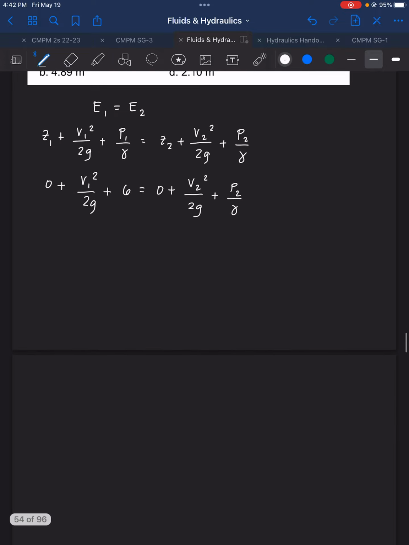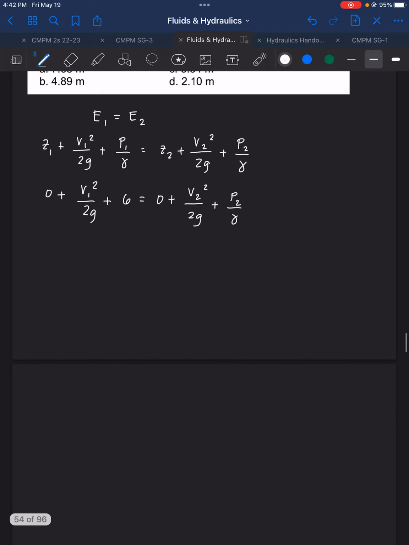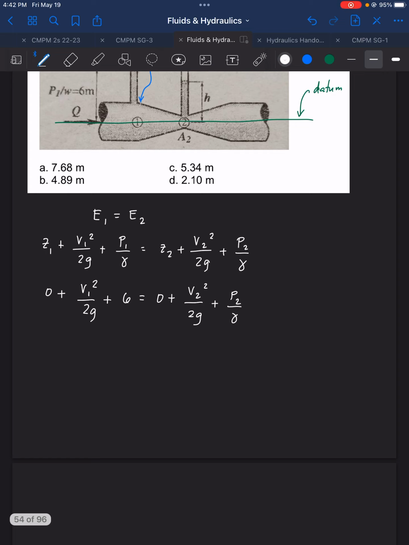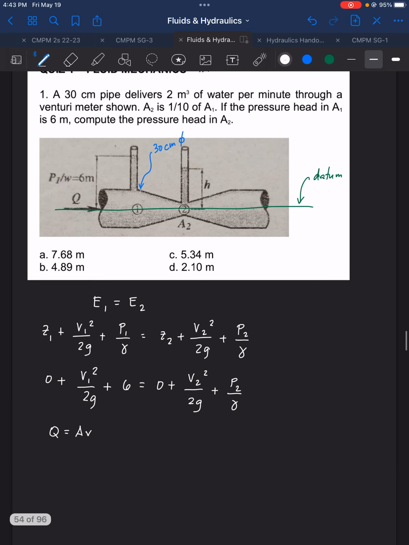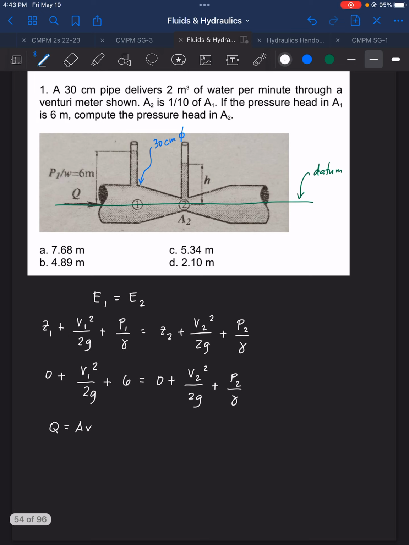So how do we solve for the velocity at each point? We need to get the area. We have the formula Q equals area times velocity, so we need to compute the value of Q. Q here is volume over time.